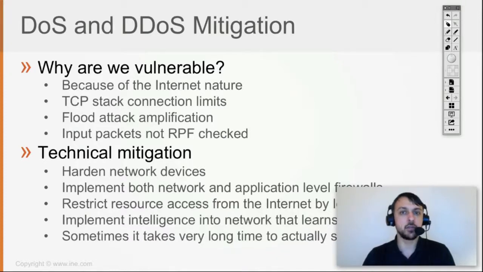A regular company organization has tens of megs or hundreds of megs or maybe 1-2 gigs of access to the internet. But if the attack reaches hundreds of gigabits per second or even terabits per second, then the network is going to be flooded with too much traffic, and there's pretty much nothing to be done at that point.